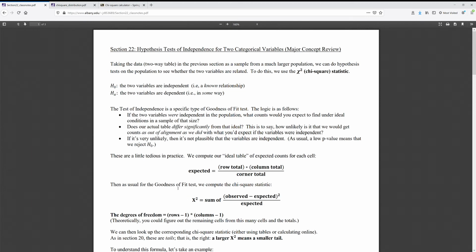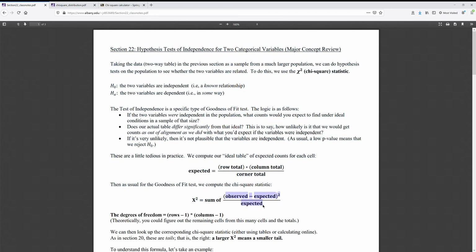Then, as usual for the goodness of fit test, we compute the chi-square statistic. Cell for cell, however many cells you have, you get observed minus expected, square it, divided by expected, and add them up. And as always, these are positive things. The bottom is expected counts, so they're positive, and the top is squared, so that's positive.